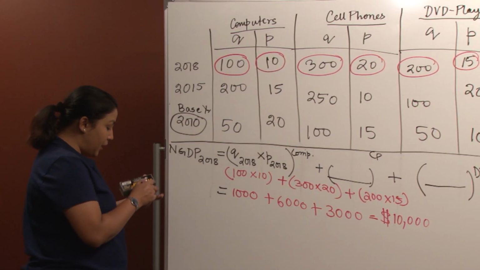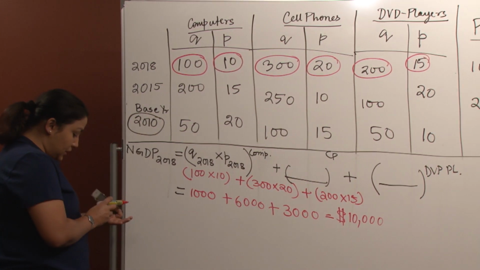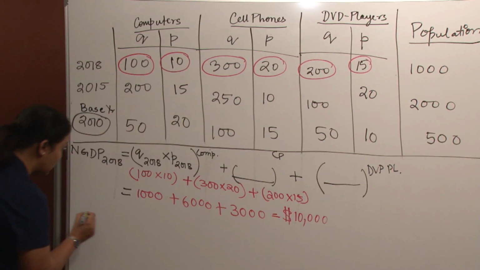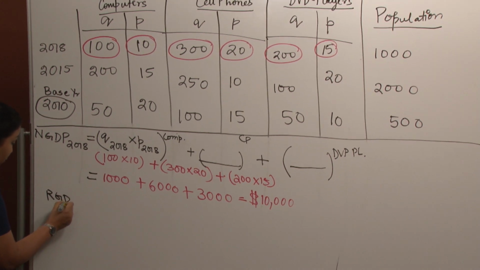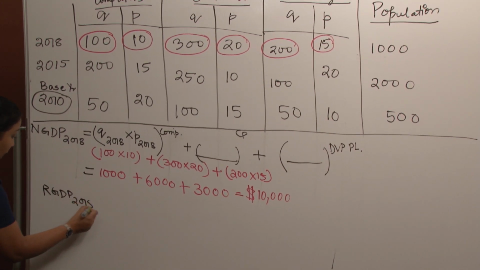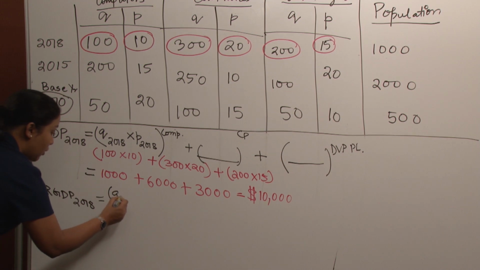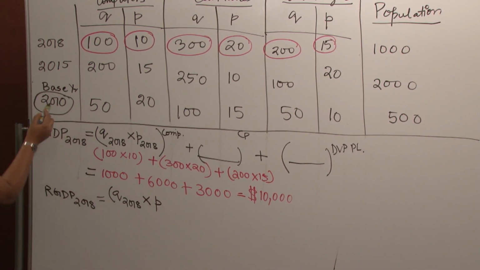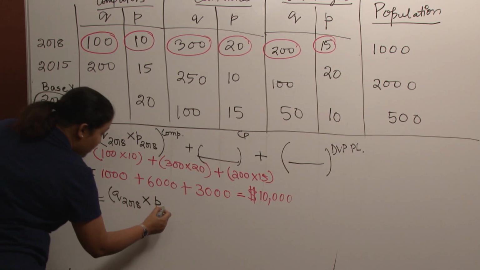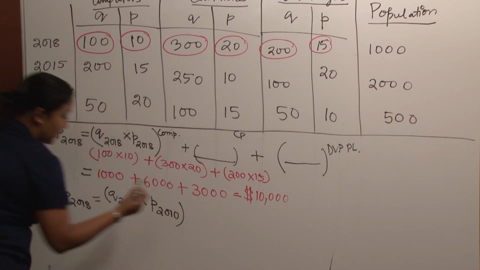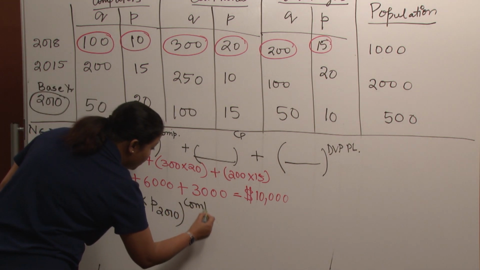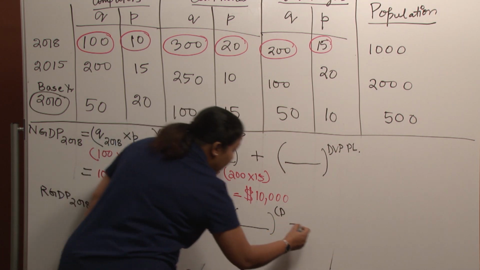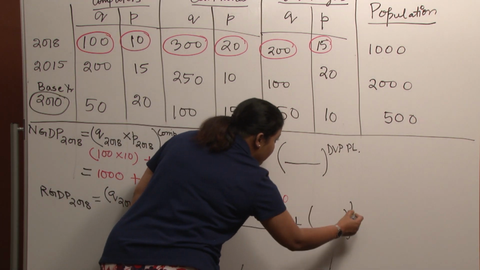Now, if I try to find the real GDP of 2018, then I am basically doing the quantity of 2018, but I am taking the prices of the base year, and my base year is 2010. So I am taking the prices of 2010, and I am doing that for computers. Once again, I am doing that for cell phones, and I am doing the same thing for DVD players and adding them up.